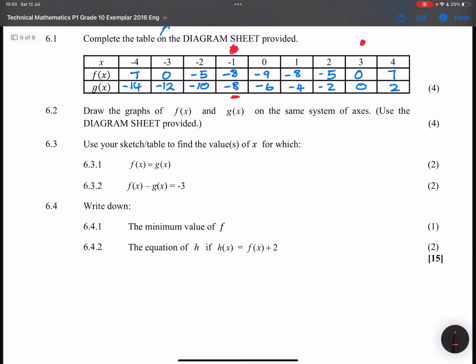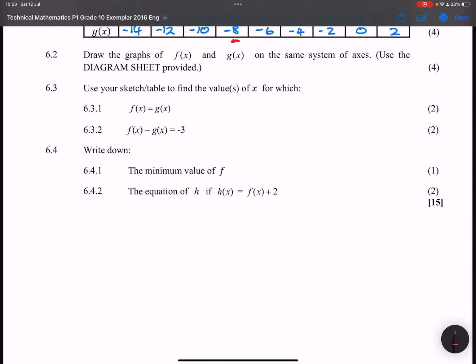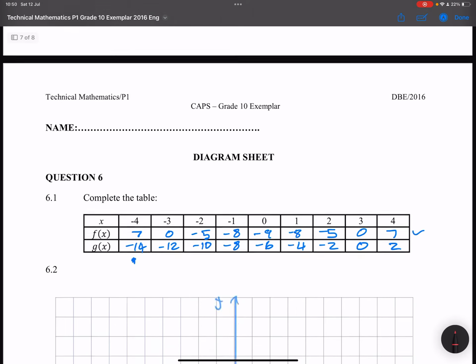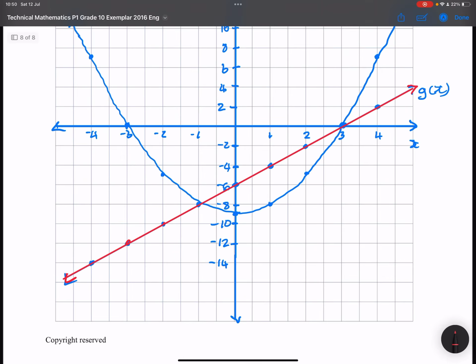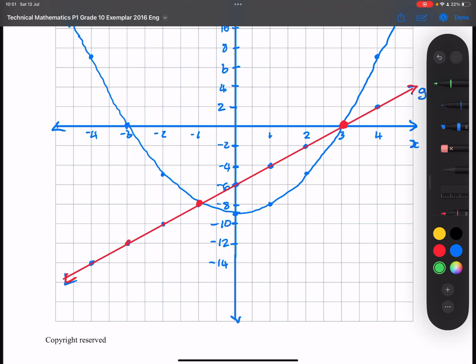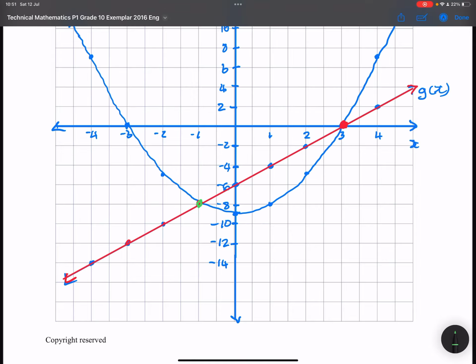If you want to interpret it graphically, where do the two graphs intersect? That's where the two graphs actually meet.